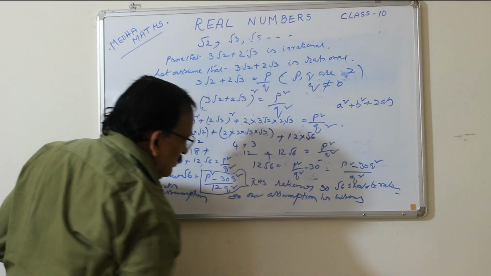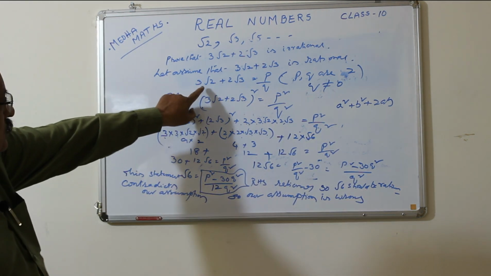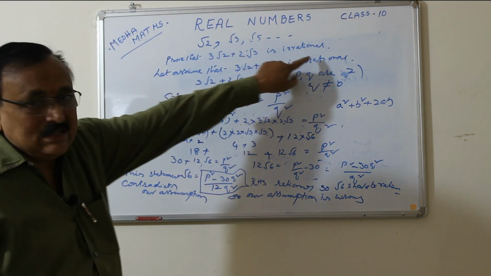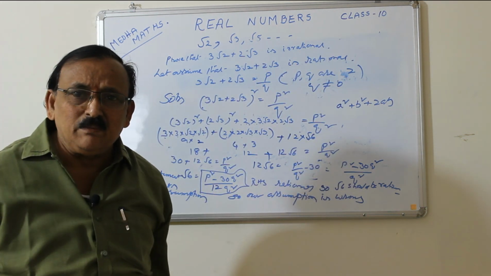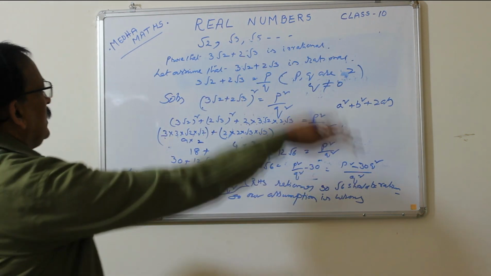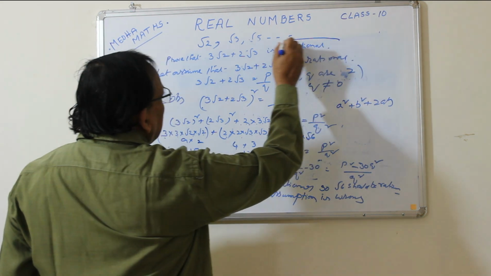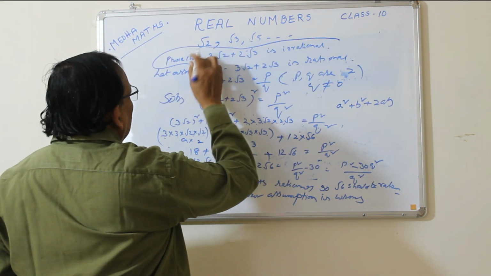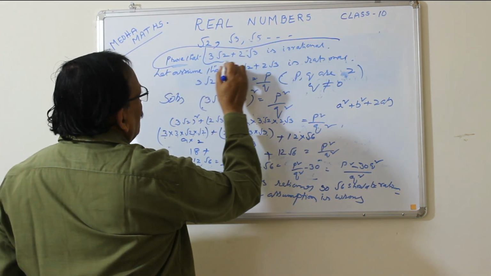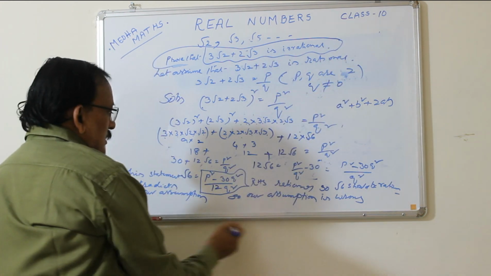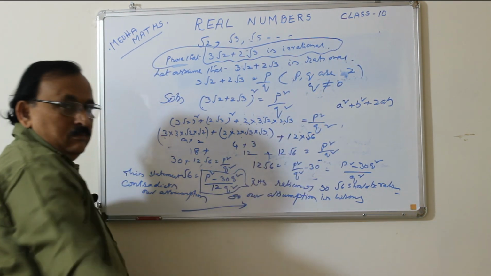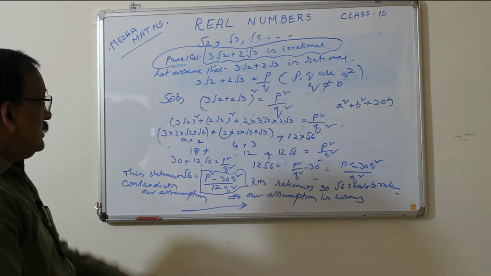What is our assumption? I took 3√2 + 2√3 is rational. It is wrong, so ultimately it is irrational. We can copy the same thing in the last line: 3√2 + 2√3 is irrational. Now this is over.